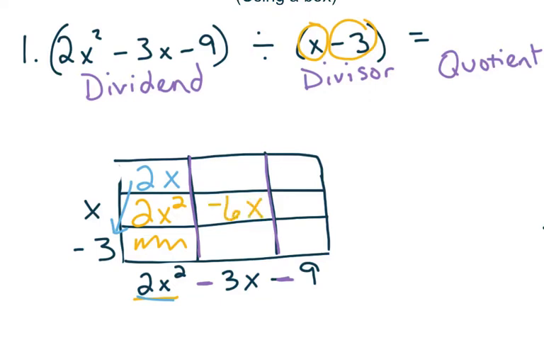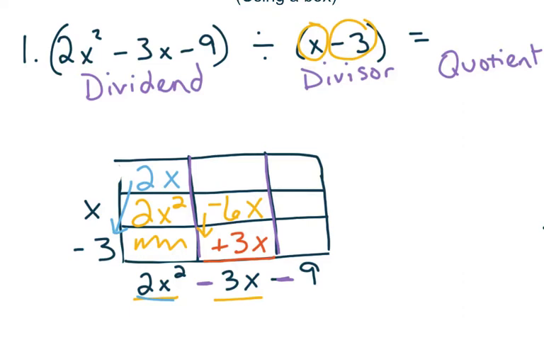Okay. Now, here's what I'm going to do. I am going to look at this number down here, and I'm going to ask myself, what do I need to add to negative 6x to give me negative 3x? Okay, that number would be a positive 3x.